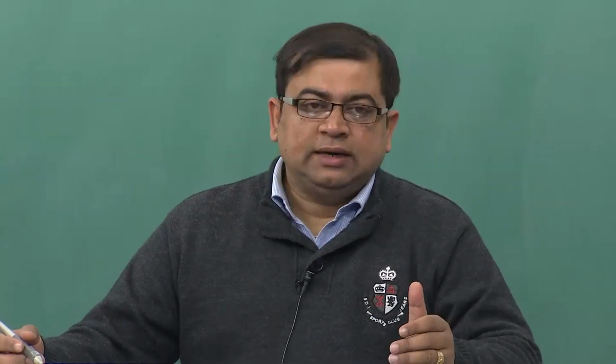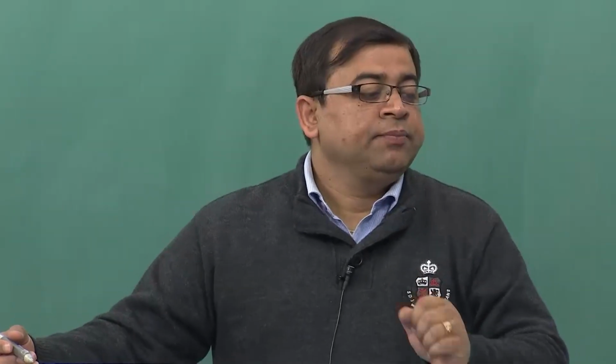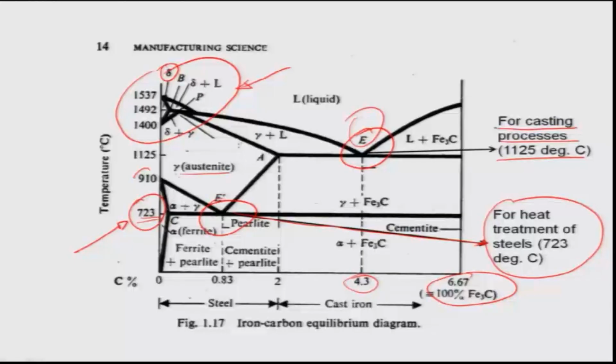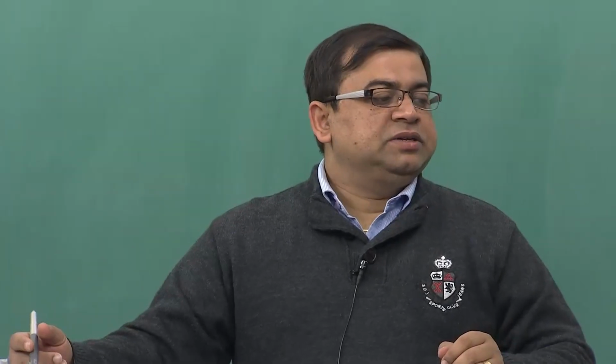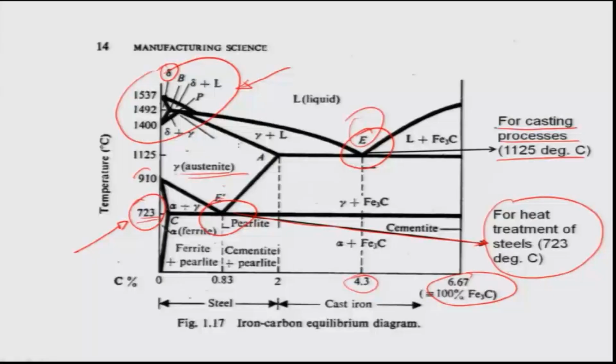One is below 910 degrees, which forms the alpha iron phase, which has a body centered cubic structure. Above 910 all the way to about 1400 degrees Celsius, you have the gamma iron, the austenite, which has the face centered cubic structure, and then the delta again becomes BCC. So it is a transition from BCC to FCC to BCC, and delta iron BCC is always above 1400 degrees Celsius.